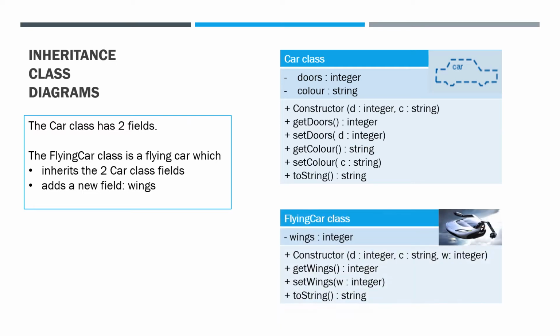And the flying car, we're going to add wings, number of wings this car has got, and that is an integer. And we will show that the flying car class inherits from the car class by putting an arrow pointing upwards between the two class diagrams. And there are the two fields of the car class, and there's our extra field on the flying car class.